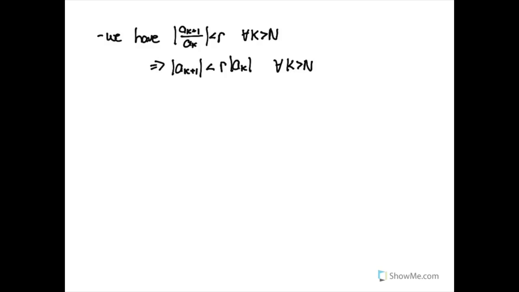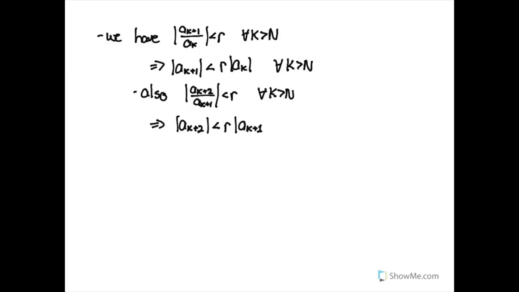But also, if I apply this argument to a_{k+2}, because we also know that |a_{k+2} / a_{k+1}| is less than R for all k greater than n, this implies that |a_{k+2}| is less than R times |a_{k+1}|.